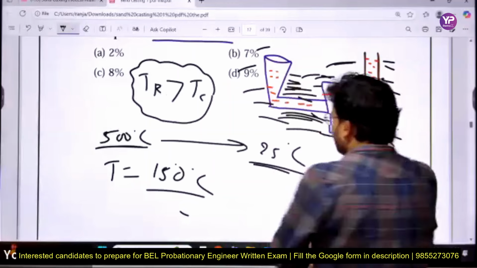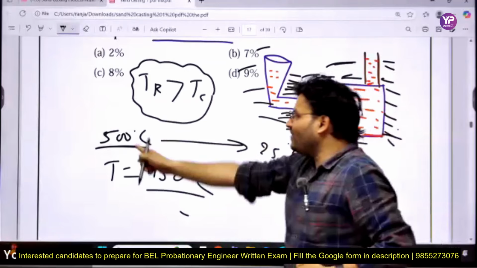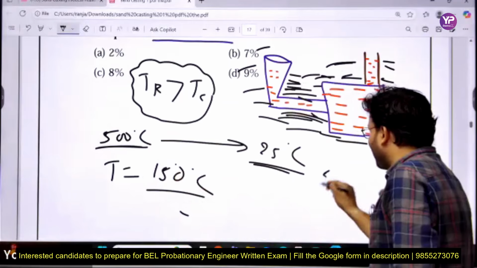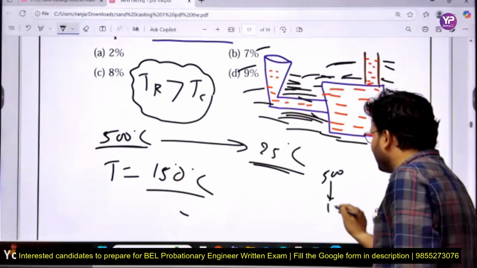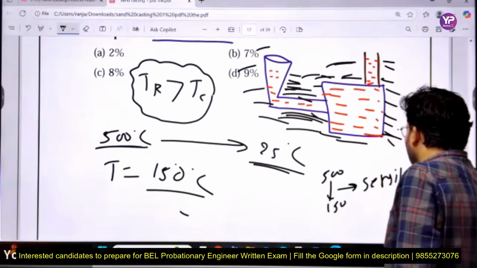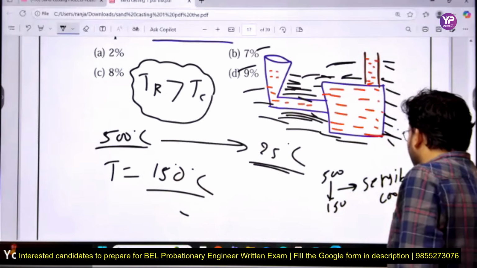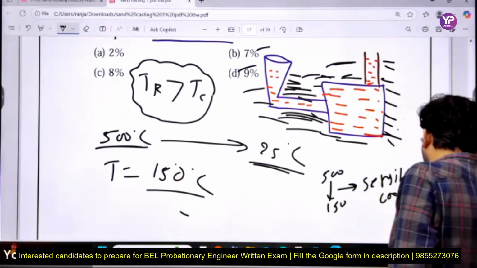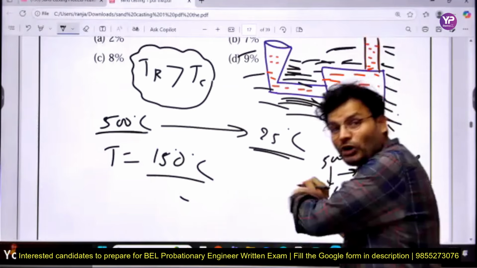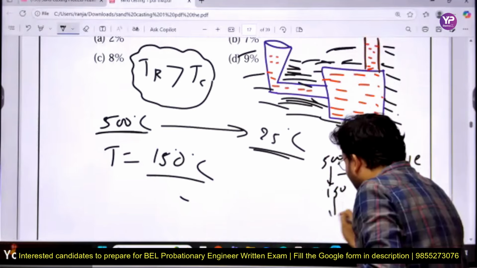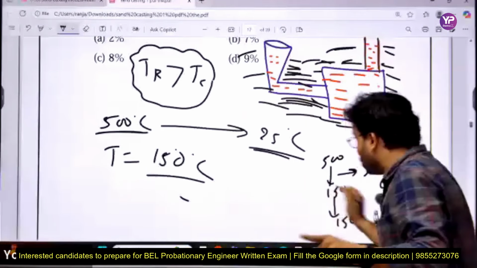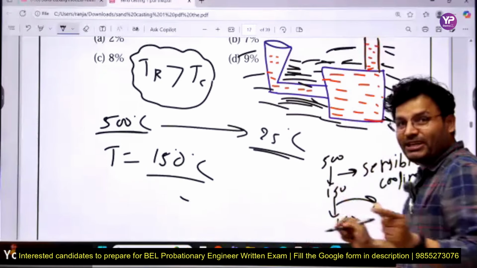So what is happening, my dear friends? From 500 to 150 it is cooling. We call this sensible cooling, which will be taught in thermodynamics. At 150 it is pure liquid state, and again it is at 150, but this time it is solid state, so during that the phase change takes place.